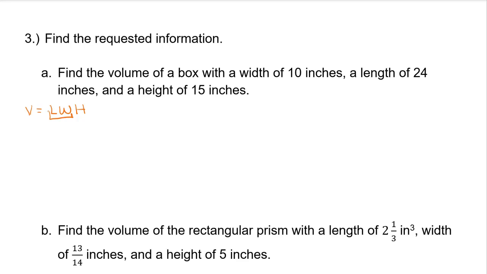All right, so we are switching from orange. Find the volume of a box with a width of 10 inches and a length of 24 inches and height of 15.